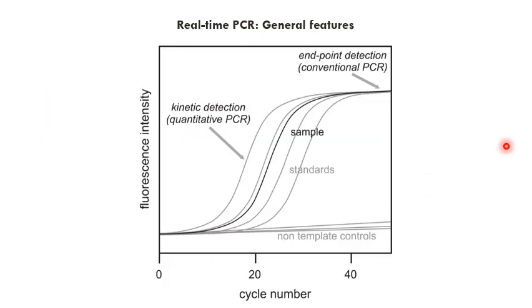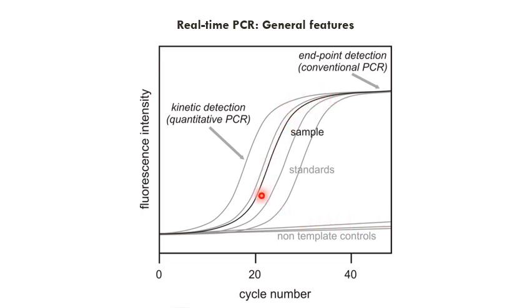Another curve, just to make sure that the concept is clear: the more the cycle numbers, the more fluorescent intensity you will see according to the reporter signal that you will have once the polymerase reaches the reporter. So here you will see kinetic detection. Here you can quantify your DNA, and here it is the end of the PCR when it goes to the stationary phase.